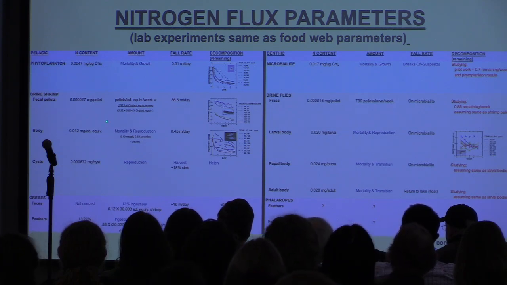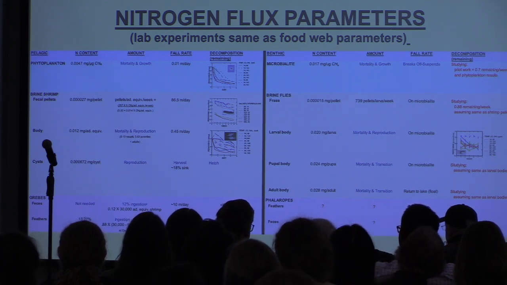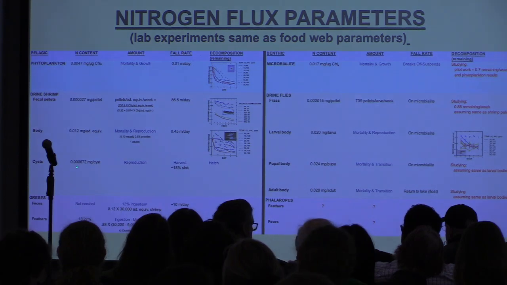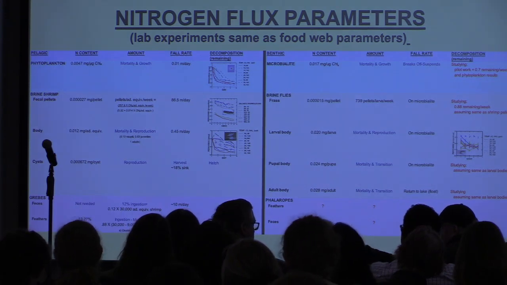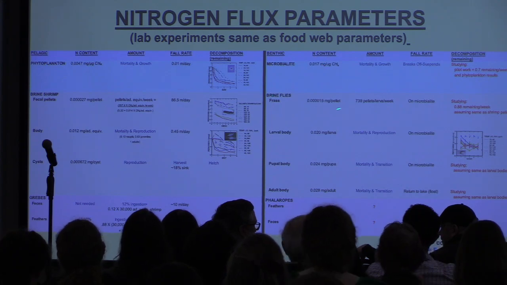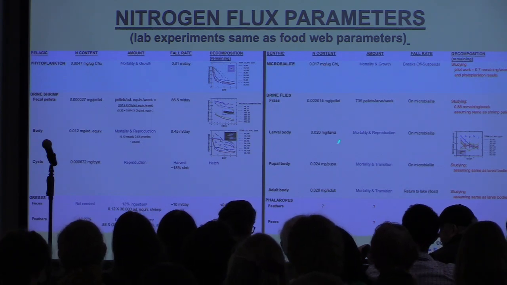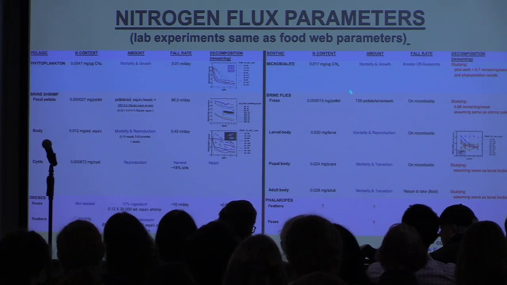We need to know how much nitrogen per body of a shrimp, nitrogen per cyst, and then various values for the birds. And then over on the benthic side, we need the values for microbialite biofilms. We need the frass, that's the technical term we biologists use for insect poop.